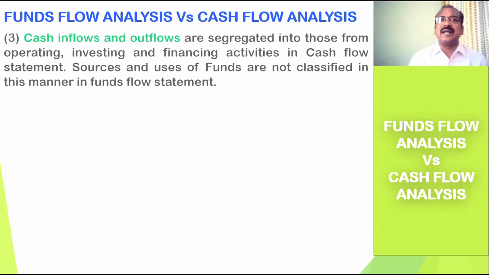This is to facilitate the beneficiaries to understand how much amount of cash has taken inflow as well as outflow through the main operation of the business or through the investing activities of the business or through the third category named to be financing activities of business. Whereas if you look at the funds flow statement, the sources and application of funds are not classified into any category. They are grouped together and presented in the funds flow statement.